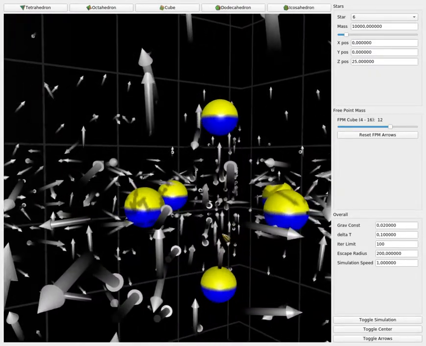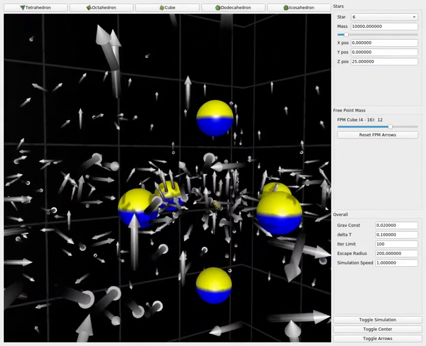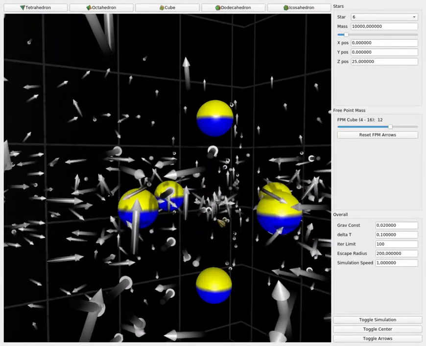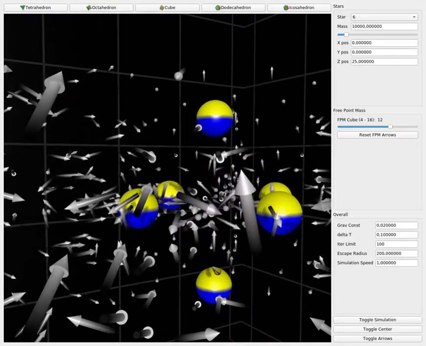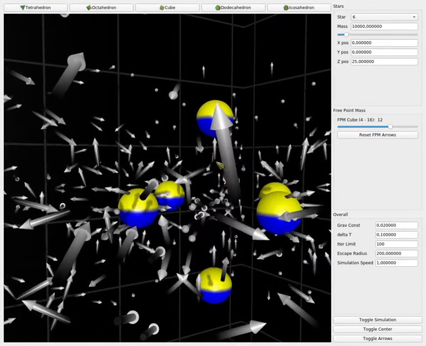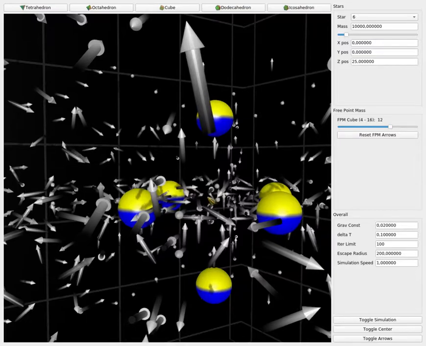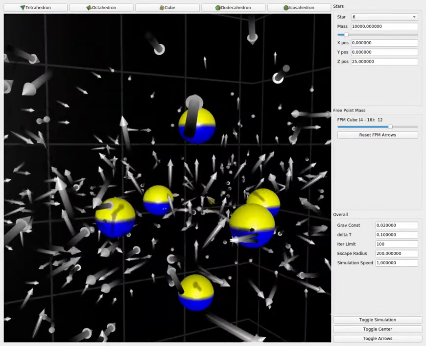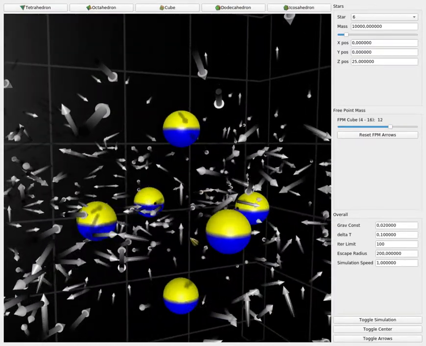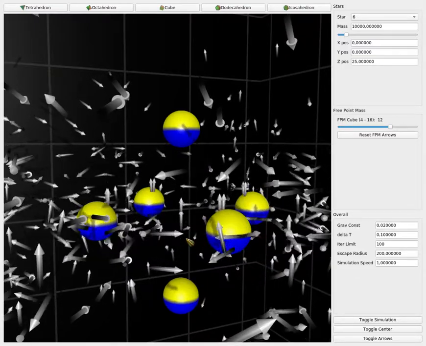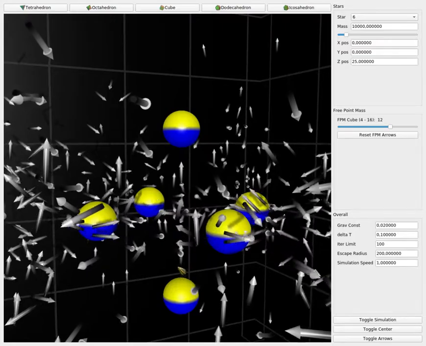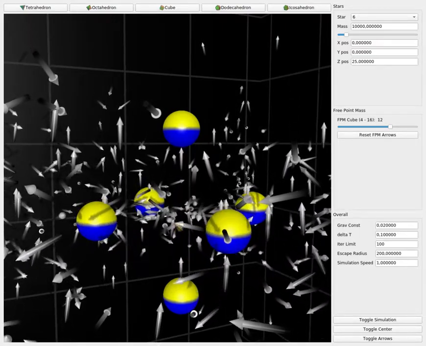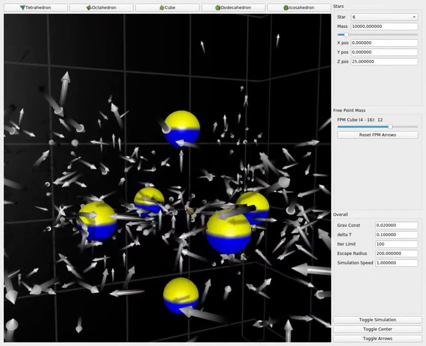Now, you may see some weird phenomena like this here. You got these two arrows in the middle just bouncing between the negative mass stars. With this type of symmetric arrangement, you'll see things like that quite a bit. And there's also an artifact here where the arrows are not pointing in the direction of motion like they're supposed to.